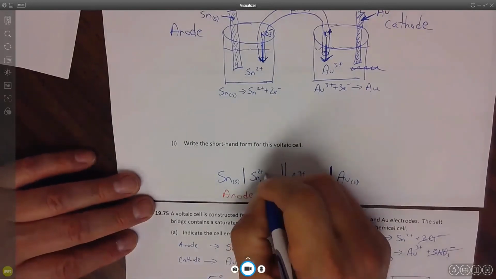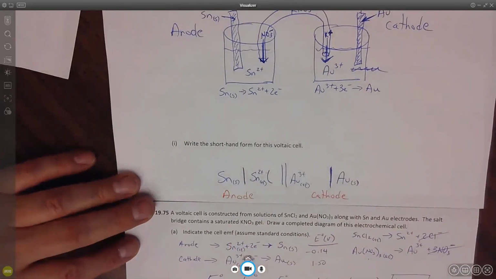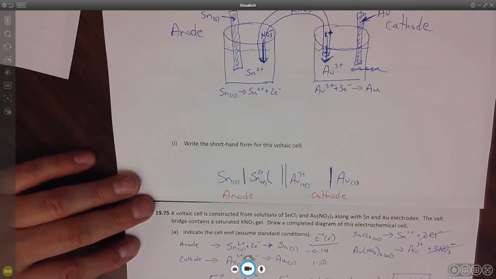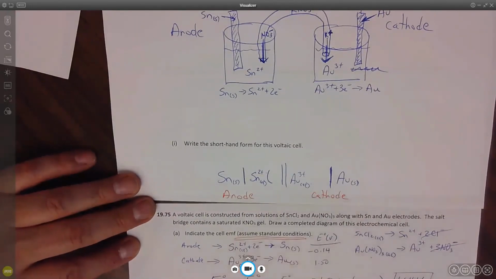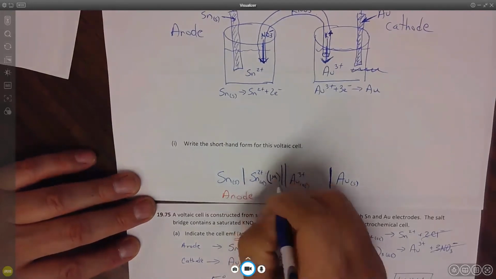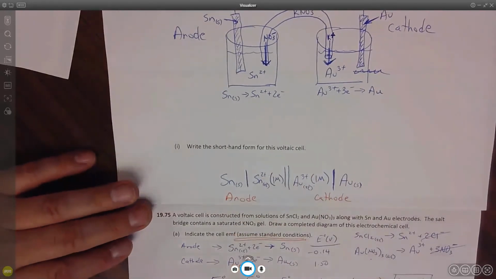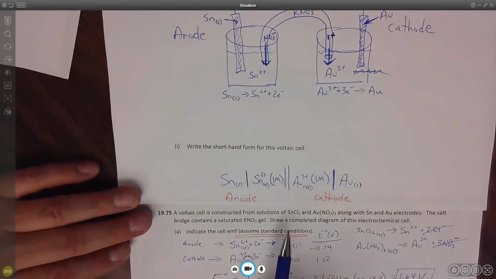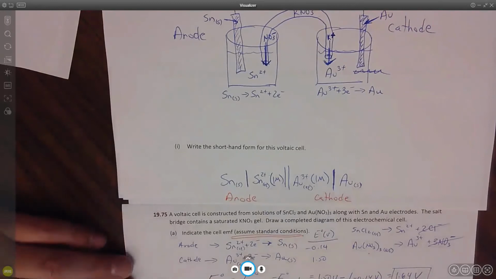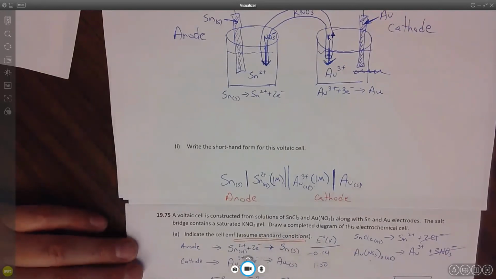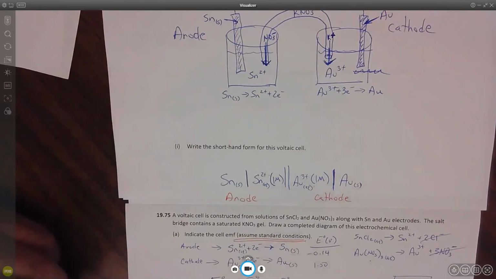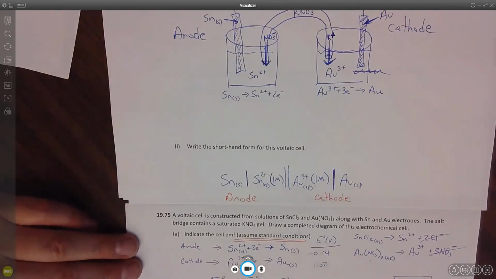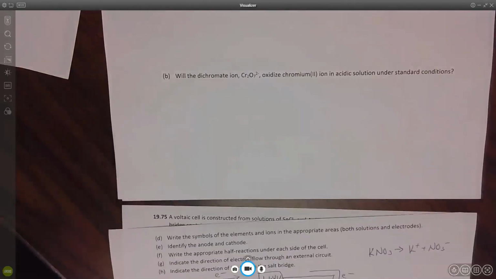In this case though, what is the concentration of tin? It's standard, so it's 1 molar. It is 1 molar, and so will be the gold. Otherwise, we would put the non-standard concentrations. If we don't put anything, we're automatically assuming standard conditions, which would be 1 molar, 1 atmosphere for gases, all at 25 degrees Celsius. Okay, any questions about drawing an electrochemical cell? Okay.